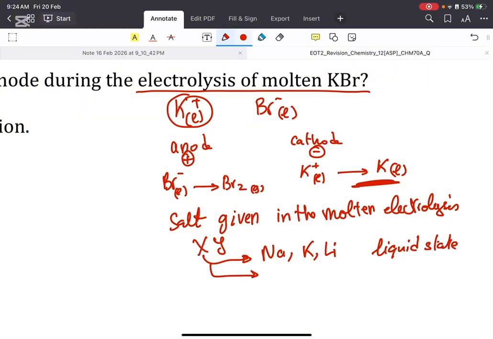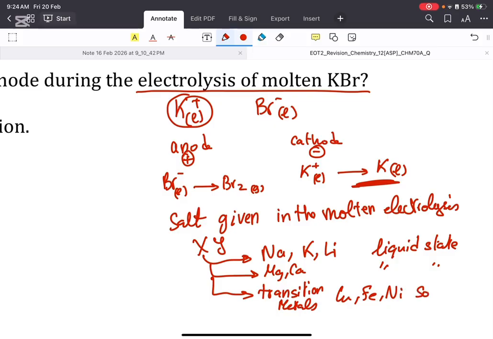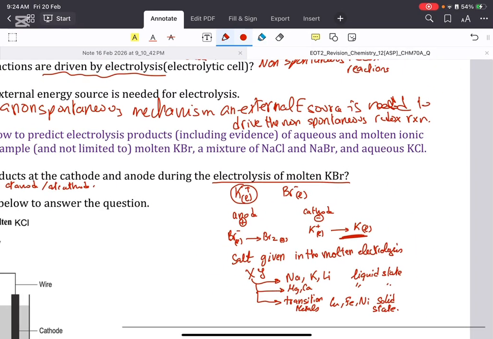If the metal belongs to group 2, an alkaline earth metal like magnesium and calcium, also in the liquid state. But if we are dealing with, let's say, transition metals, usually their melting point is very high. It's above the temperature used in the electrolysis. So copper, iron, nickel are obtained in the solid state.